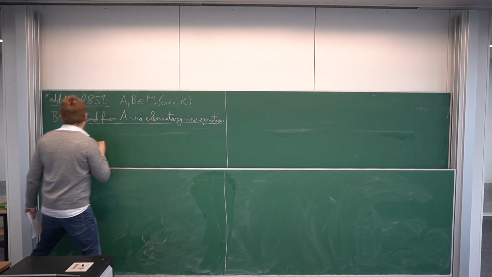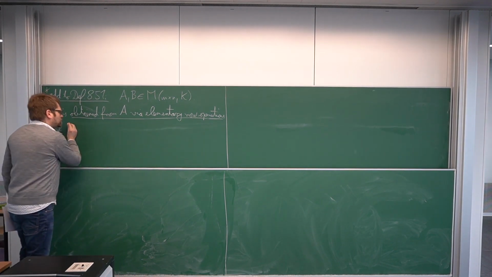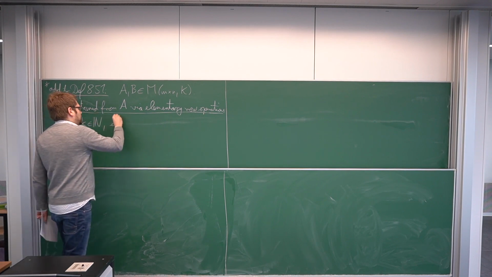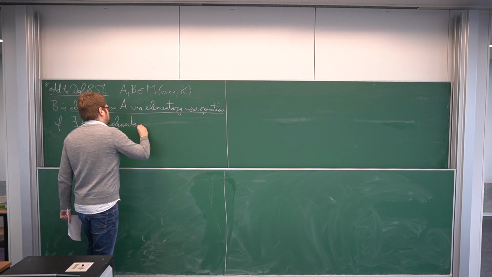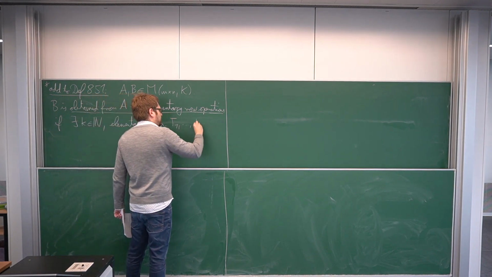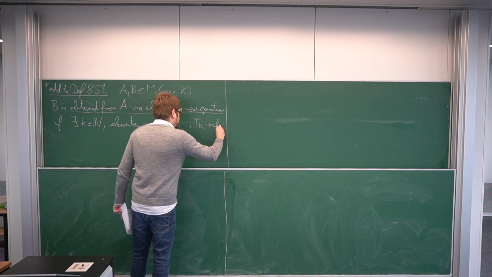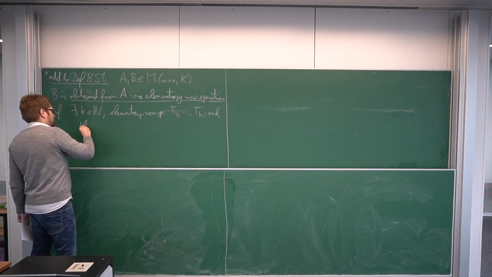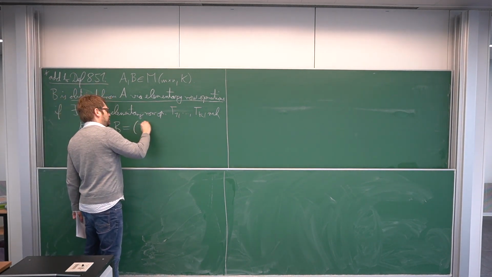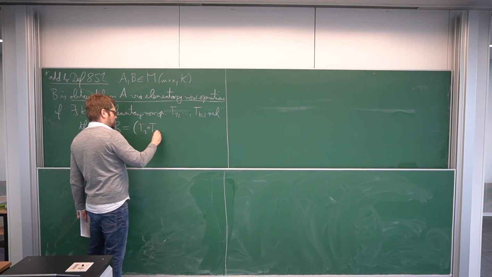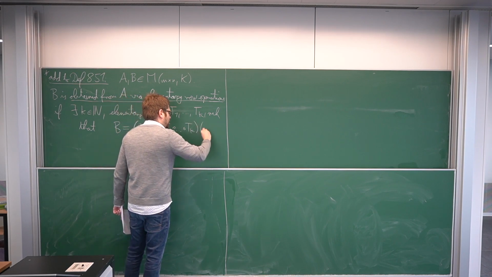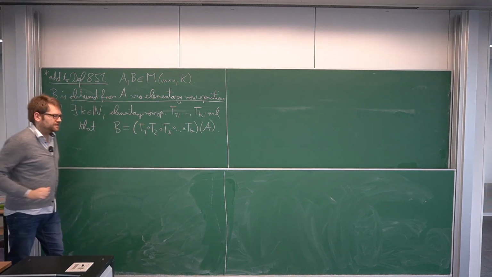So formally this means if there exists a finite number of row operations, so if there exists K in N and elementary row operations T1 to Tk such that B is given as performing all these elementary row operations to A. So T1 composed with T2, composed with T3, and so on to Tk of A. Okay.